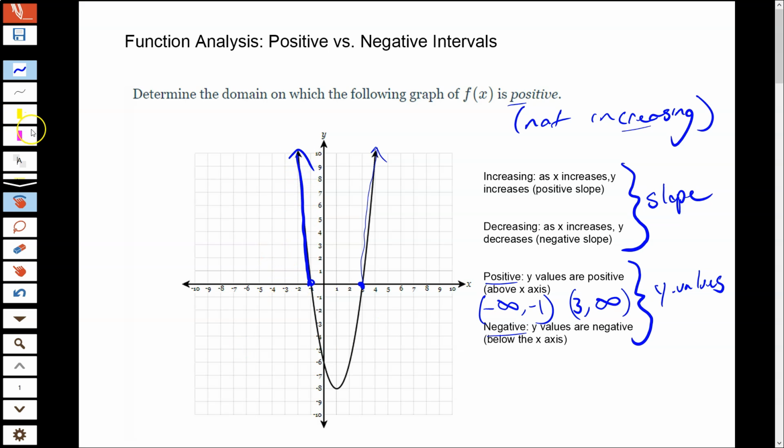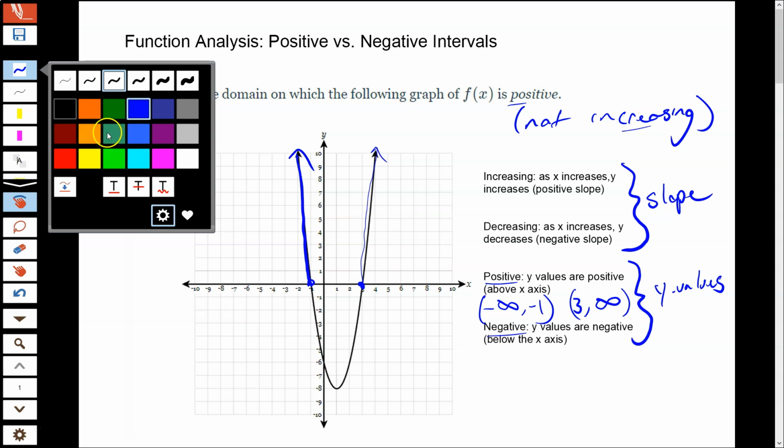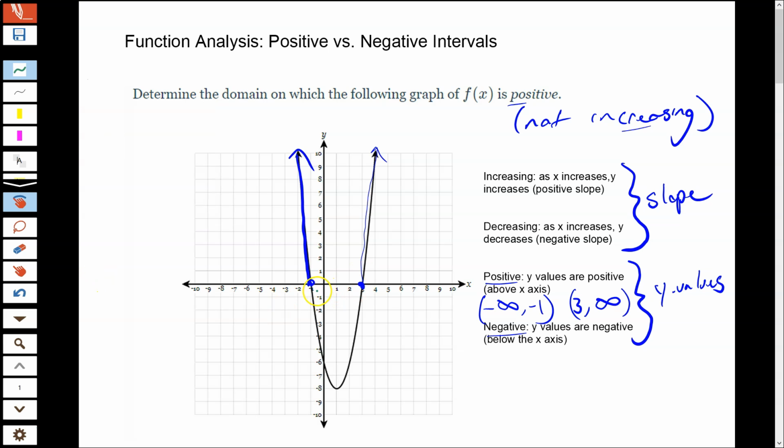And then similarly, our negative interval, for this particular graph, there's only one, and it's between those two numbers, from negative 1 to 3. And again, we're going to use parentheses because we're not going to include the endpoints, because at negative 1 and at 3, the value of the graph is 0, so it's neither positive nor negative.